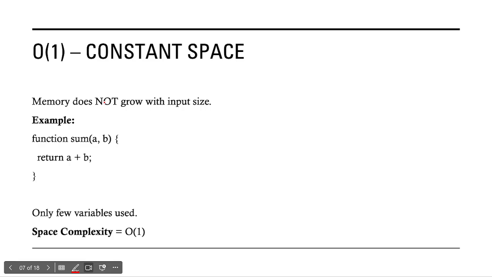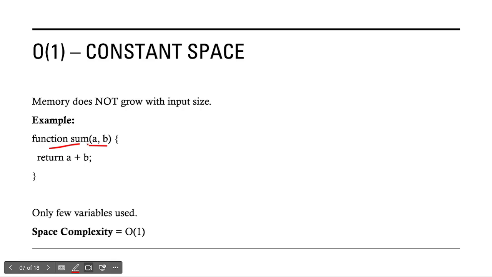First one is Big O of 1, constant space. Constant space means the memory does not grow with the input size. Like here, I have a function sum. It takes two parameters a and b. No new array is created here, no new object is created here, and no new data structure. So even if the input numbers are large, memory usage does not increase.